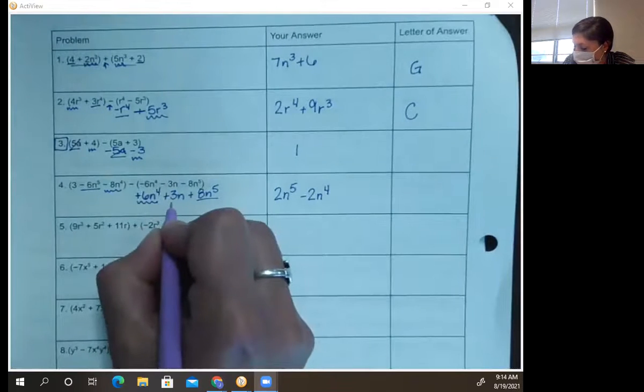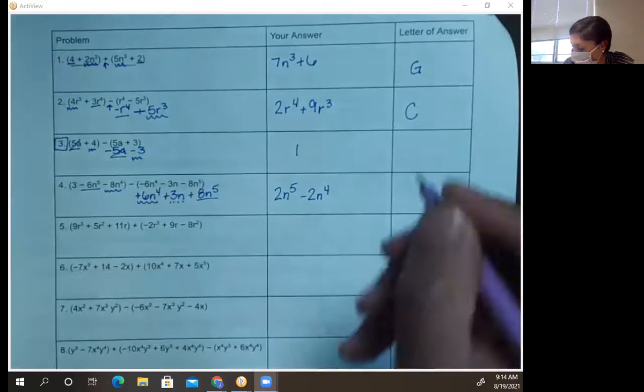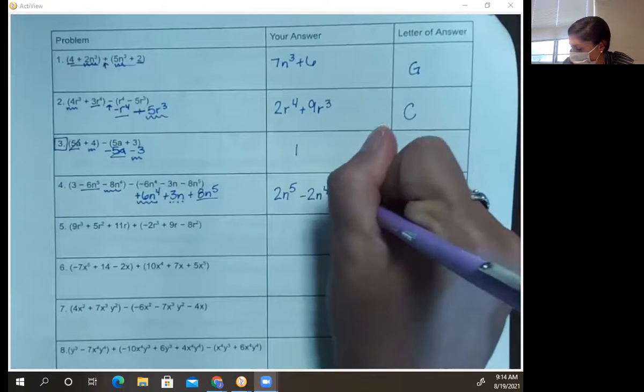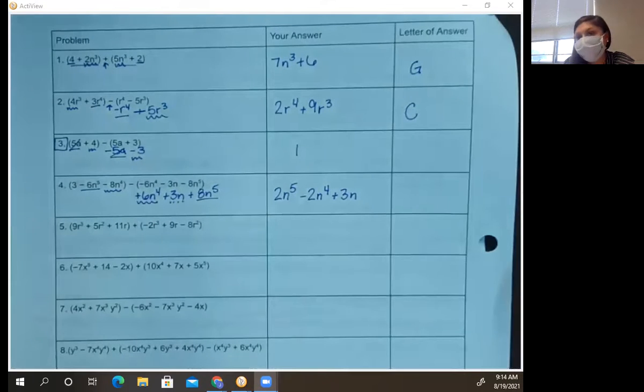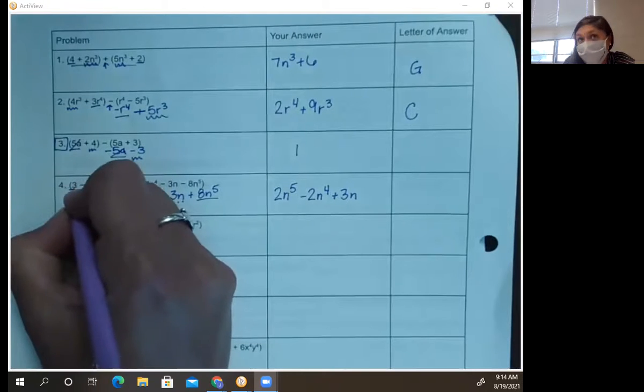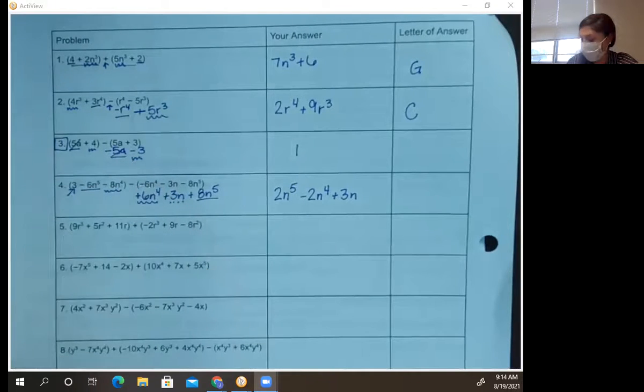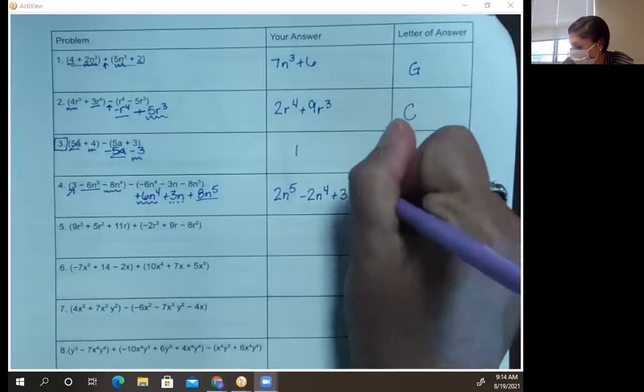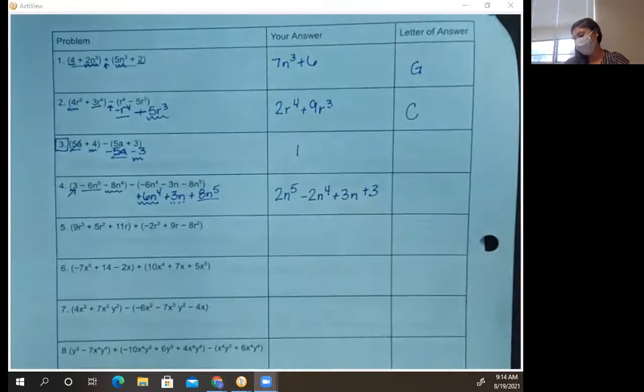This is my only n term right here. I have nothing to combine it with, so I just have plus 3n. And then here's my only constant term, so I'll have plus 3 at the end. So my final answer is 2n to the 5th minus 2n to the 4th plus 3n plus 3.